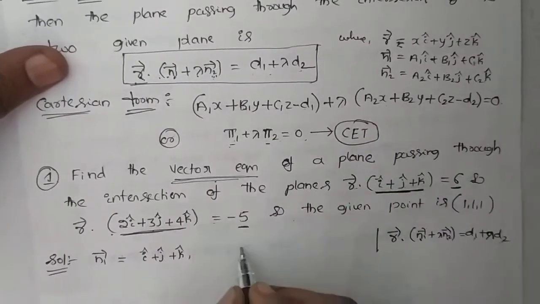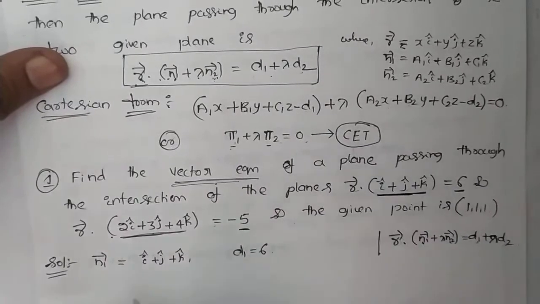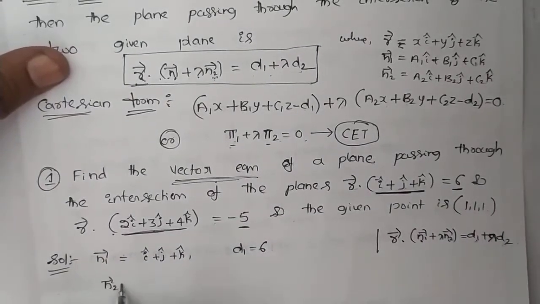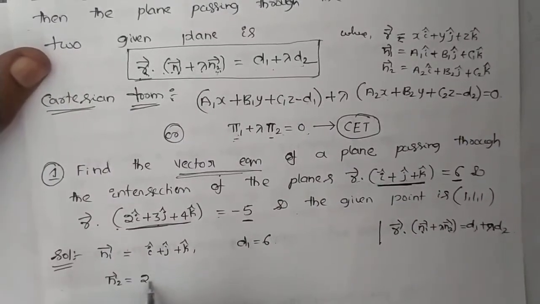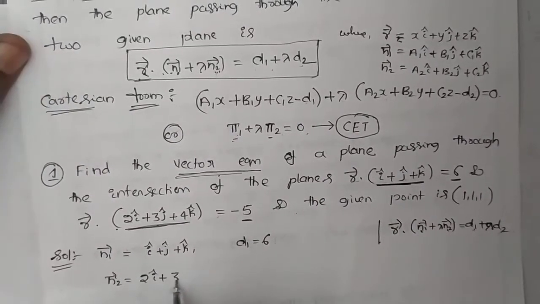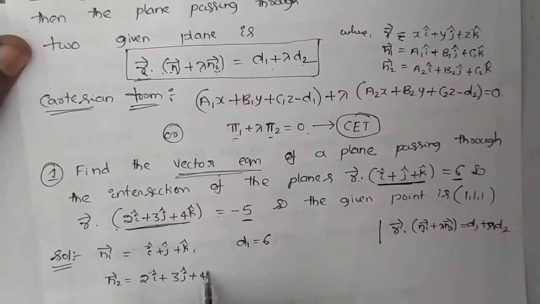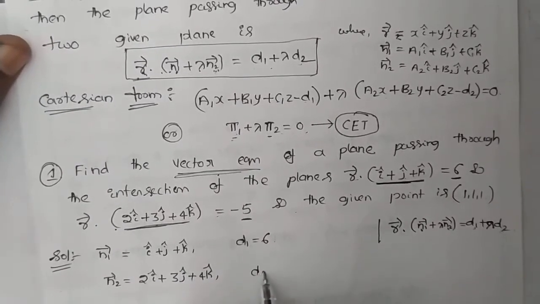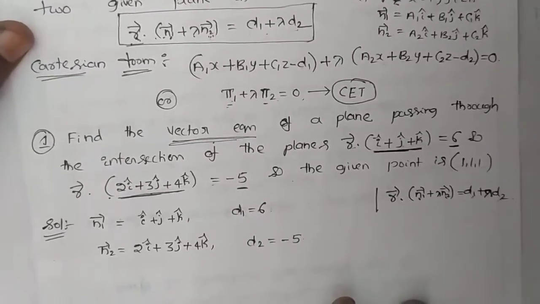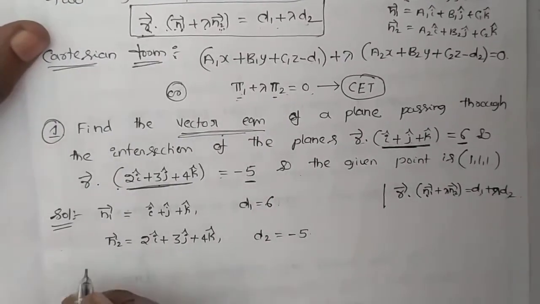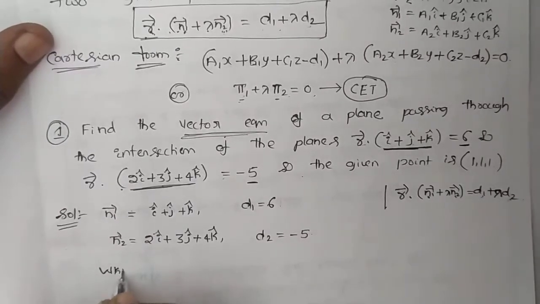What about d1? d1 equals 6. What about n2 vector? n2 vector is 2i cap plus 3j cap plus 4k cap. d2 equals -5. Now write down the vector equation of the plane.